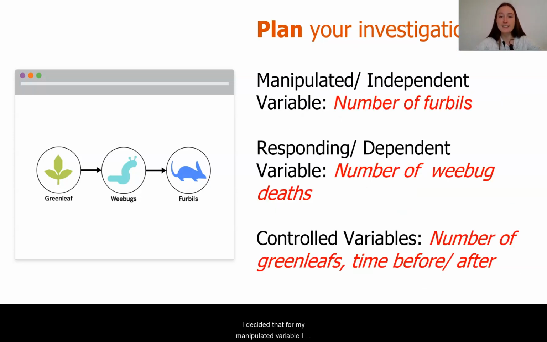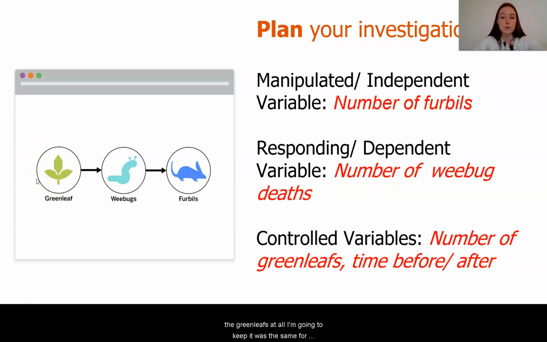So, I decided that for my manipulated variable, I wanted to change the number of furbles. Now, we all have the same responding variable here. We're all trying to figure out how we can affect the number of deaths in the wee bugs. So that's going to be the same. For my controlled variables, I am not going to mess with the green leaves at all.